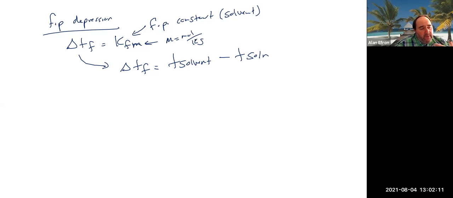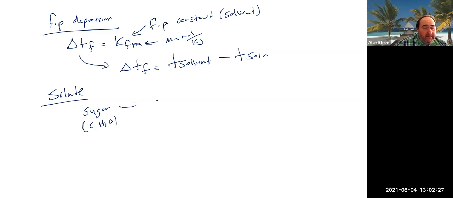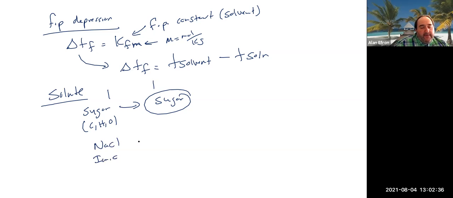Remember that we also incorporated into these that when we have an ionic solute versus a non-ionic solute, it does make a difference. If the solute is something like sugar, which is carbons, hydrogens, and oxygens, molecular, when it dissolves you get one sugar molecule, 1 for 1. If you take something that's ionic, like sodium chloride, when it dissolves in a solution you get a sodium ion and a chloride ion. You get 2 ions for every one of these.